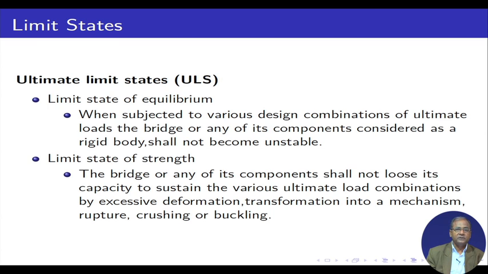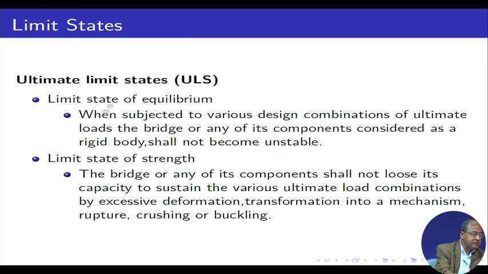And limit state of strength: the bridge or any of its components shall not lose its capacity to sustain the various ultimate load combinations by excessive deformation, transformation into mechanism, rupture, crushing or buckling. So, that we can consider as a part of limit state of strength.